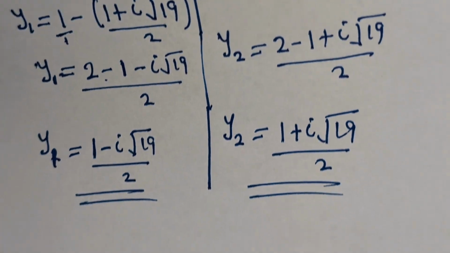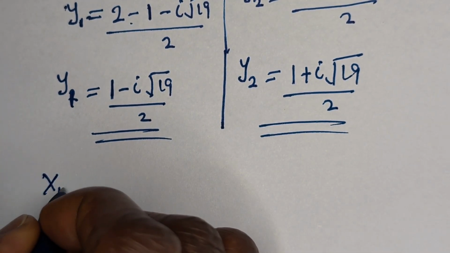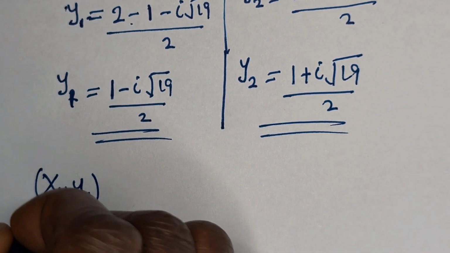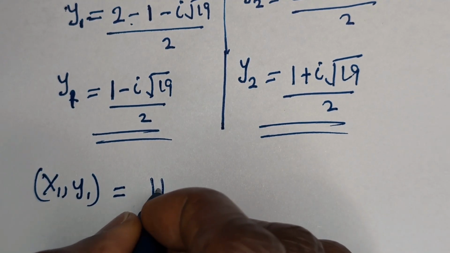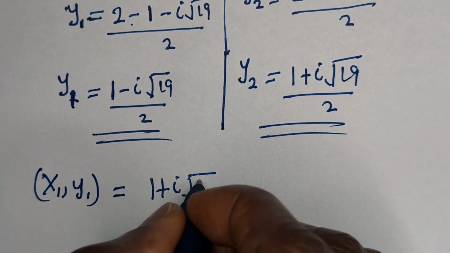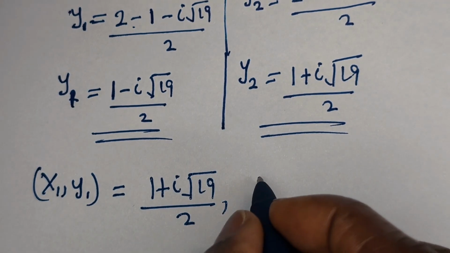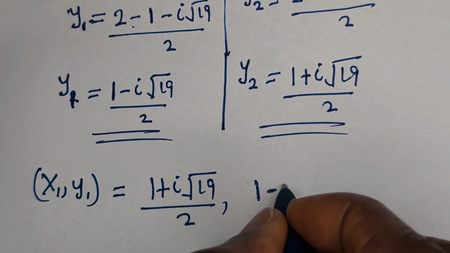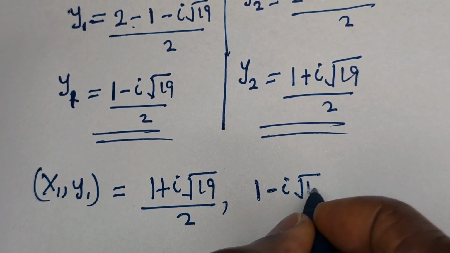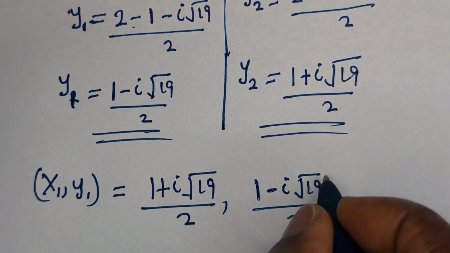Therefore, our final answers are s1, y1 is equal to 1 plus i root 19 over 2, 1 minus i root 19 over 2.